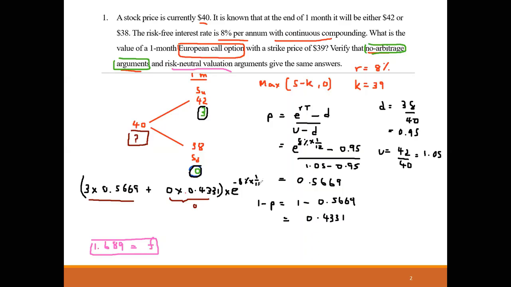This is 1 month that we are looking at, so multiplied by 1 over 12. So how much do you get? What is the value of this call option? Calculate and put the answers in the chat.